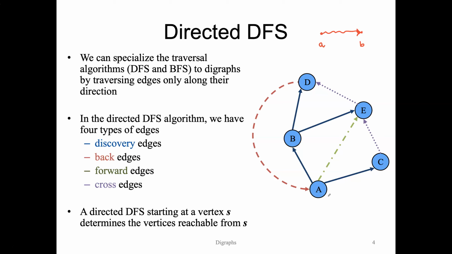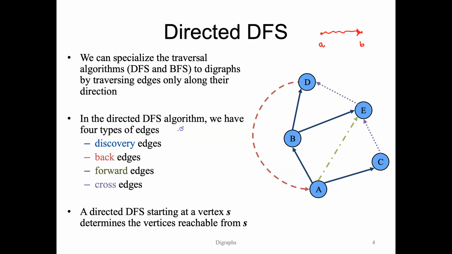Now remember that breadth first search and depth first search, as we had discussed them on an undirected graph, gives a direction to edges to indicate how we encountered a vertex. And so we have two different kinds of edges. Well, since we're starting with directed edges to begin with, then in a directed depth first search algorithm, we'll get 4 different types of edges.